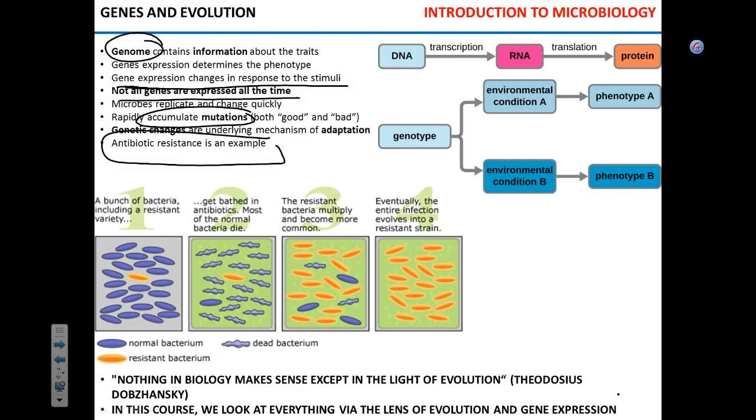So imagine that you have a population of bacteria. Blue cells represent regular microorganisms, and this orange cell represents bacteria that are resistant. They express some kind of a protein that gives them that resistance. Now think about this. If there is no antibiotic in the environment, is being resistant to antibiotic an advantage?